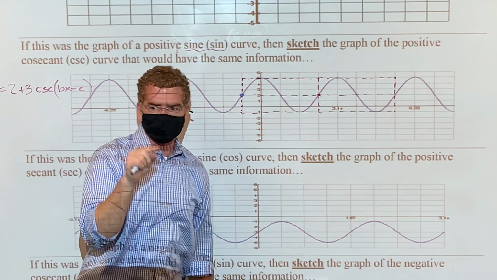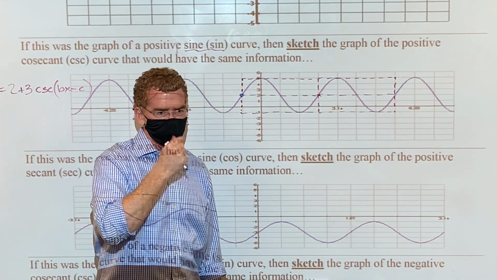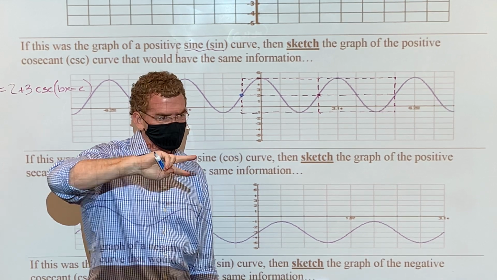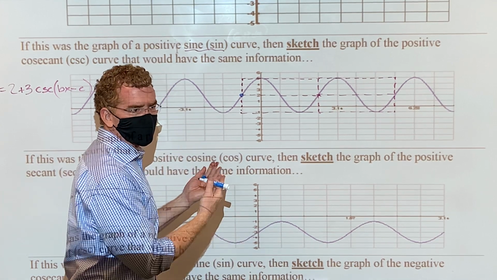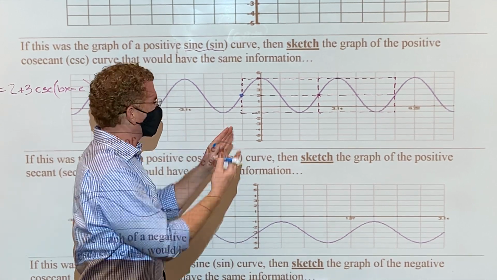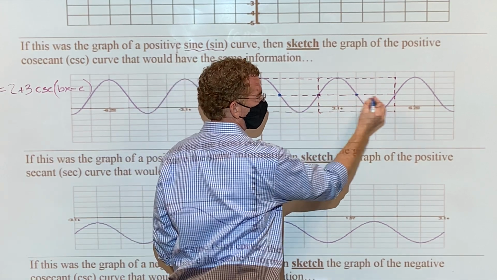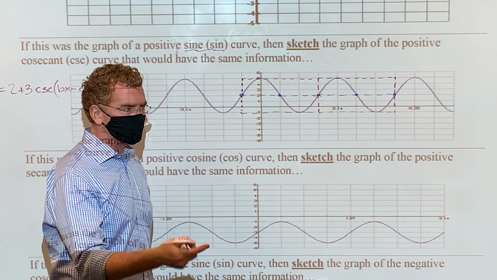Well, if a sine curve is 0 there, what would happen when you flipped it? What happens when you flip a 0? It's undefined. So what do you think the cosecant should look like at these 0 values? Vertical asymptote.